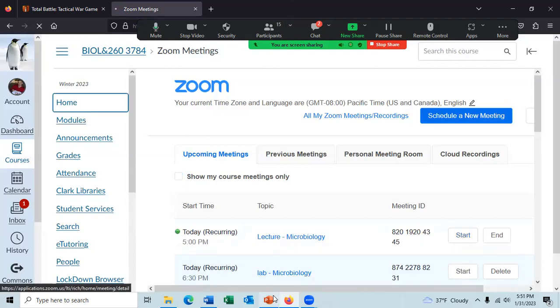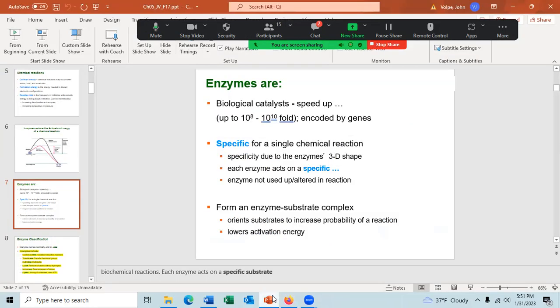All right, any questions about any of that? Enzymes are specific for a chemical reaction, meaning usually one enzyme will bind to one specific reactant, one specific substrate, and only that substrate, and then convert that substrate into a product.